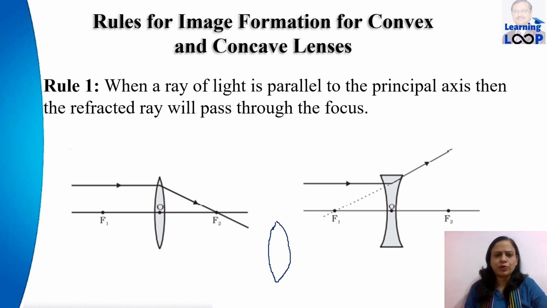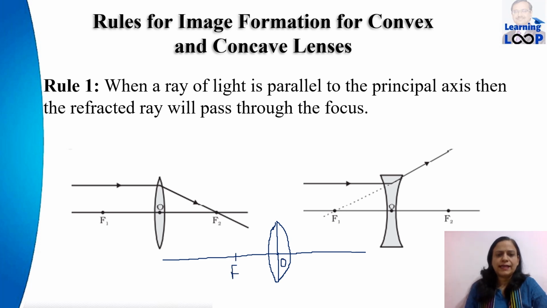What I prefer to do is take a central line, a vertical line. This is the central line of reference, and I draw a line perpendicular to this. The horizontal line that I'm making is the principal axis. The center of the lens is known as the optical center, so I mark it as O.